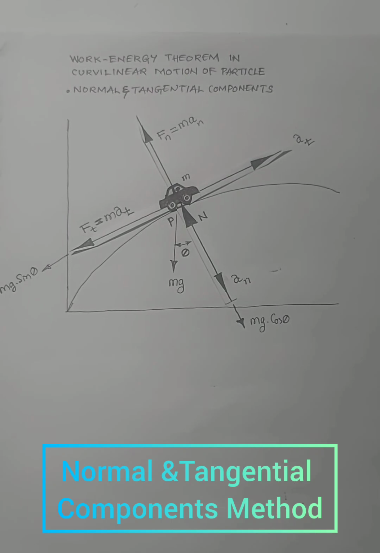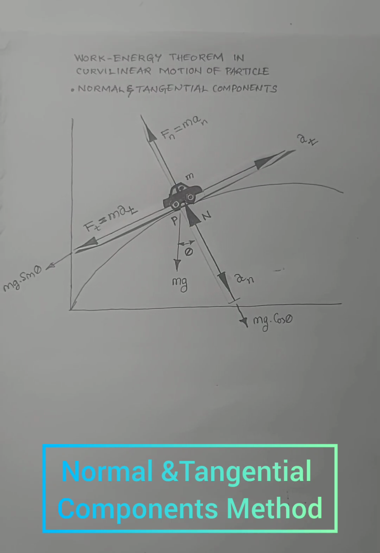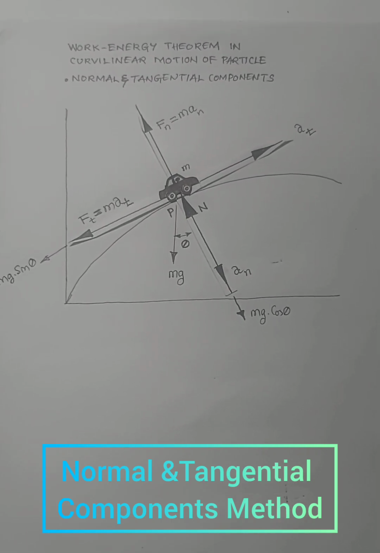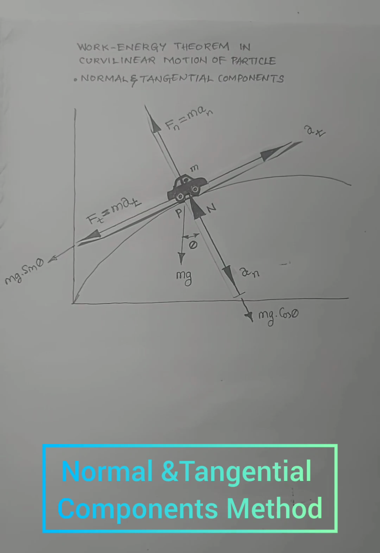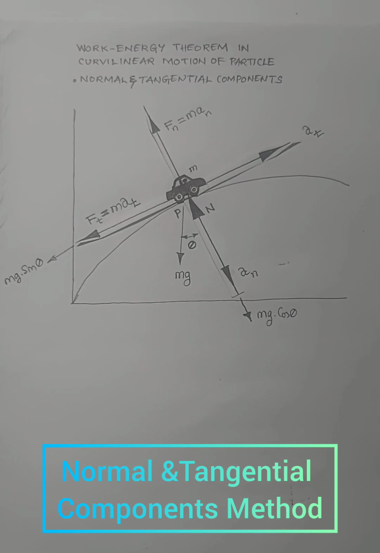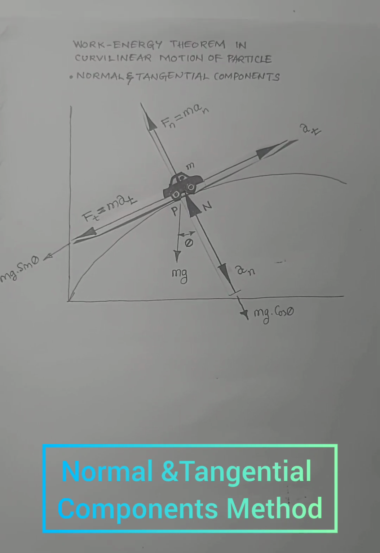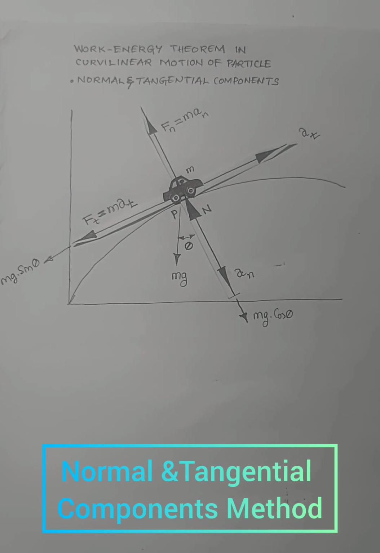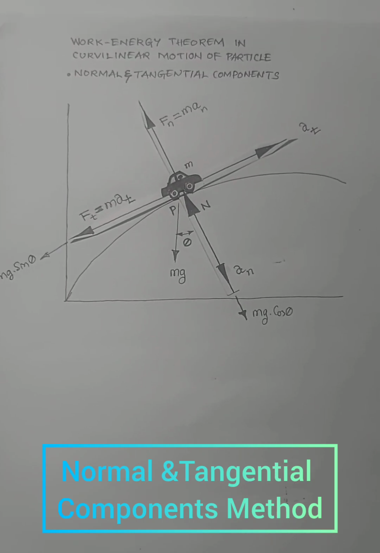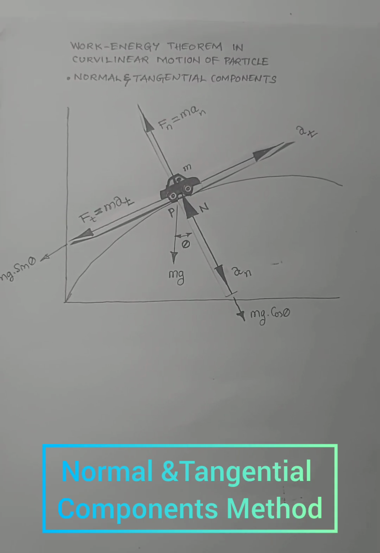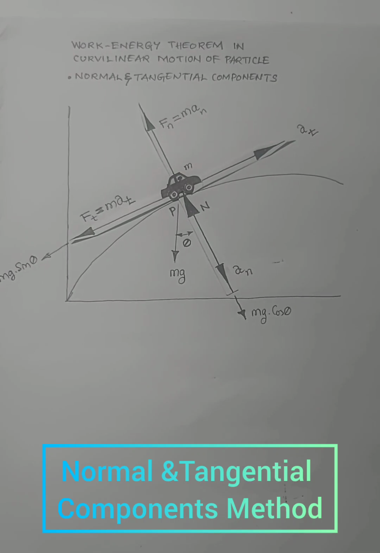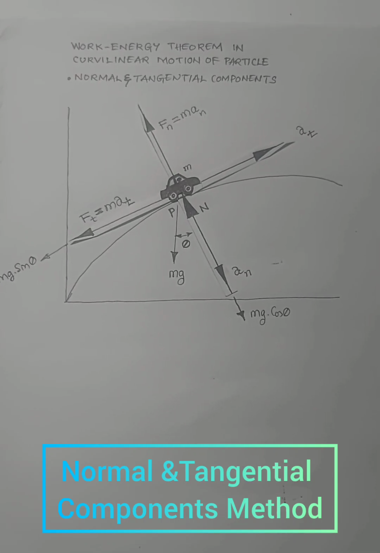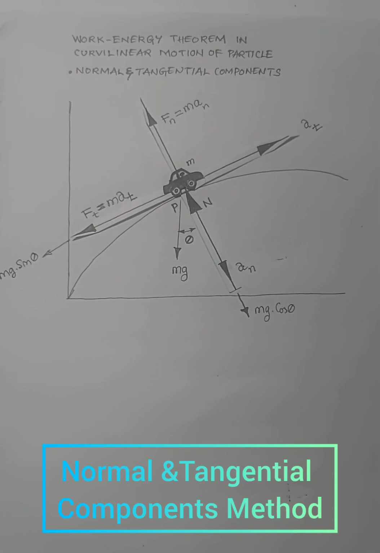While writing the equation of dynamic equilibrium along the normal acceleration direction, normal reaction is considered negative, mg cos theta is considered positive, and centrifugal force Fn equal to man is considered negative. Why?